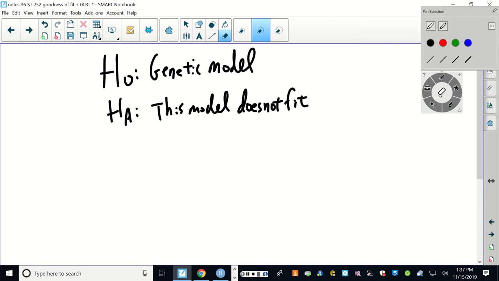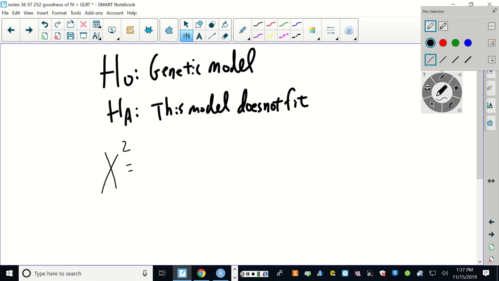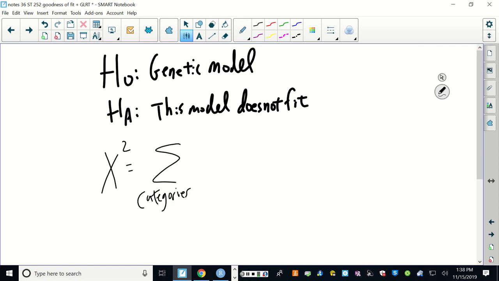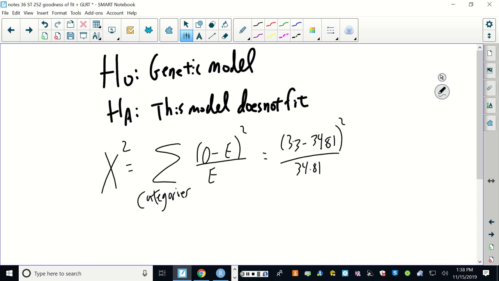Okay. And so we're going to calculate this x squared statistic where we sum over all of our categories. Sometime before we called this cells when it was a 2 by 2, but it's generically just all the different categories we have, of the observed minus the expected squared over the expected. So in this case, we had 33 minus 34.81 squared over 34.81.